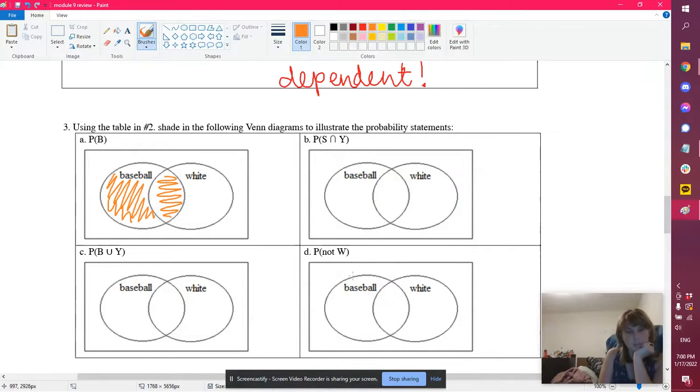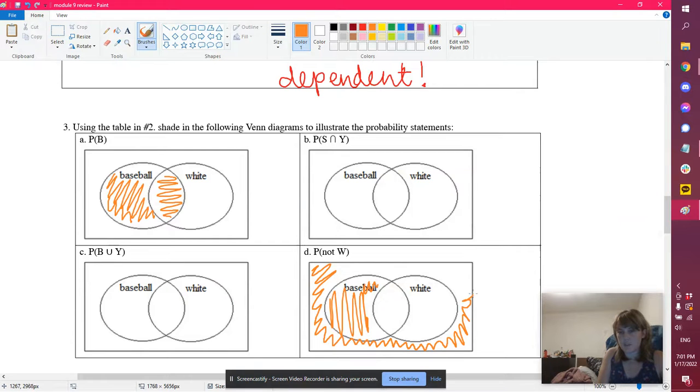If we jump over to part D, we're asking for balls that are not white. This is a white one, and this is a white one. We want everything that's not white. So it's the baseballs that aren't white, and it's all this outer stuff.